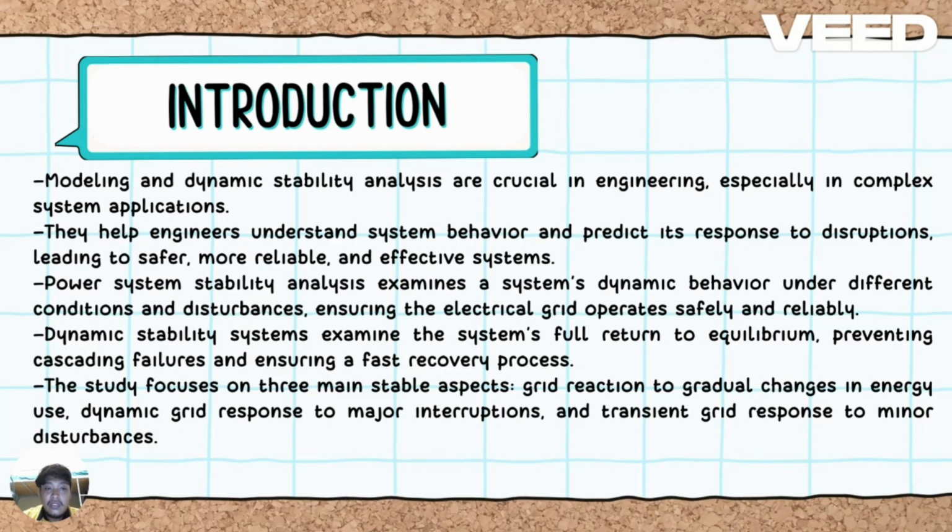Dynamic stability examines the system's return to equilibrium, preventing cascading failures and ensuring a fast recovery process. The study focused on three main stability aspects: grid reaction to gradual change in energy, dynamic grid response to major interruption, and transient grid response to minor disturbance.